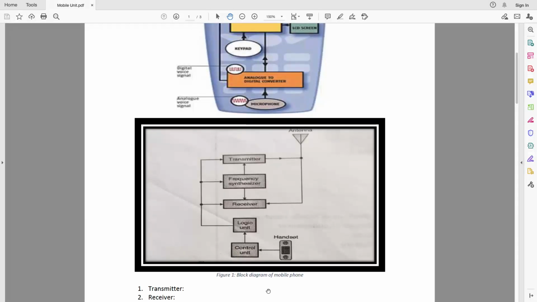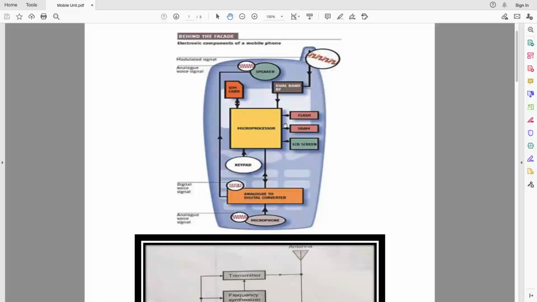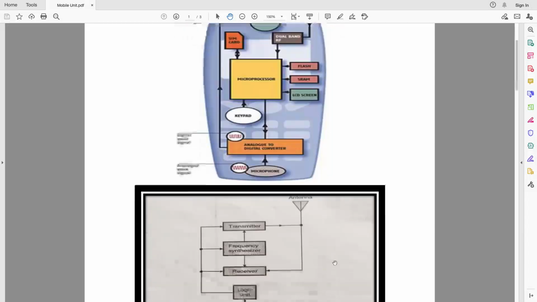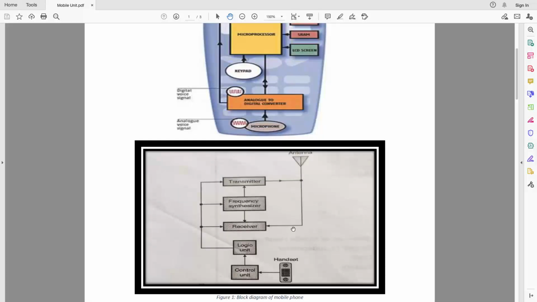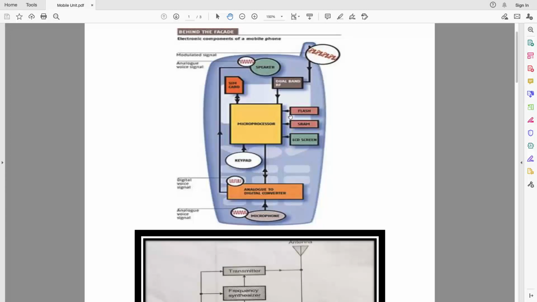So these are the basic blocks that are required for the smooth working of any mobile handset. In this particular diagram, they have depicted a larger number of blocks. This is the block diagram, but in detail it will give you more information.